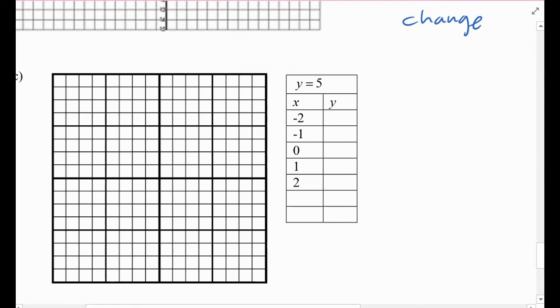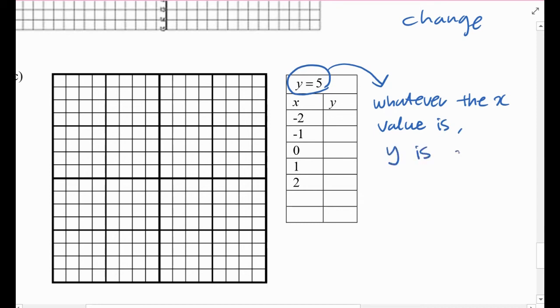Now we have y equals 5. Where's x, everyone? There's no x here. When you see y equals something, this means whatever the x value is, y is always 5.